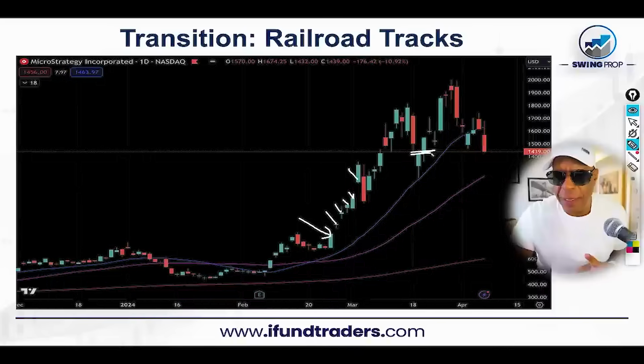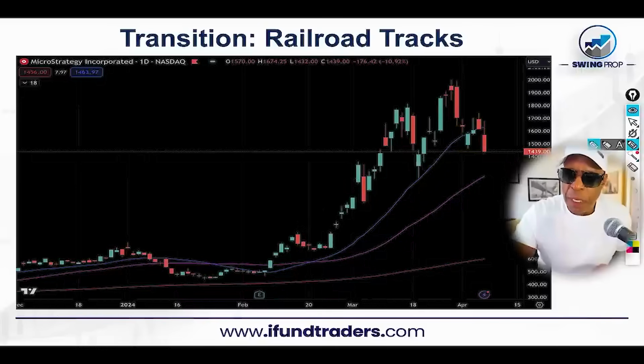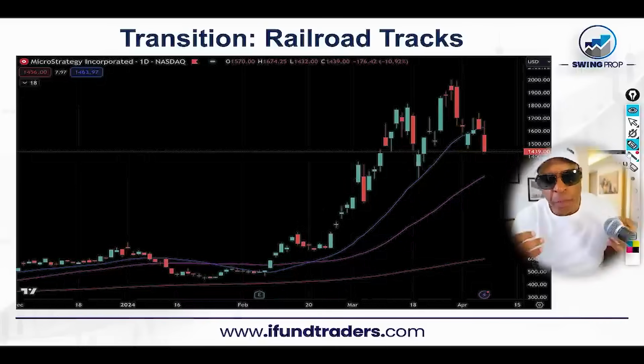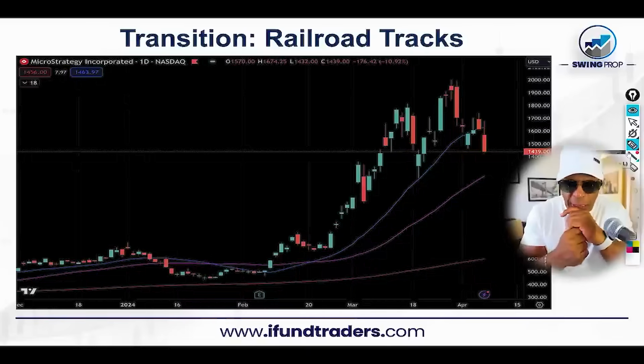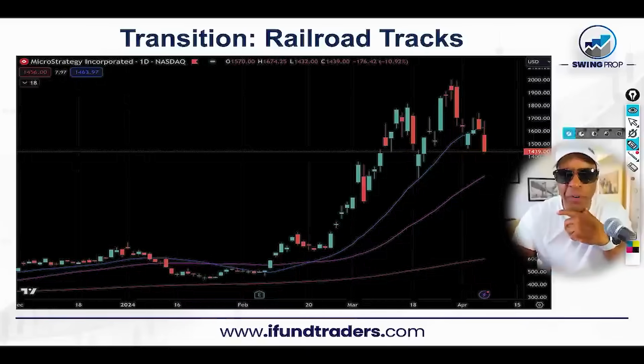I'm not going to talk too much about that today because I want to try to get through as much as I possibly can without going into too much detail. Also, it's important for the swing trader to know what the stock's overbought region is.